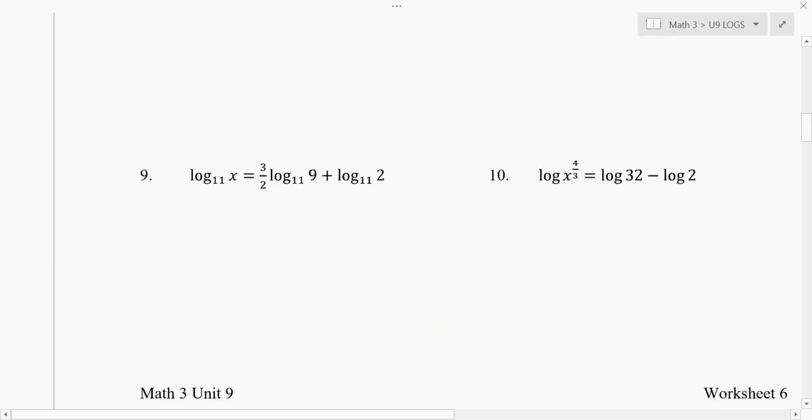Number 9. We need to condense the right side to one logarithm, so we work with the power property first. Nine to the 3 over 2 means the square root of 9 cubed.